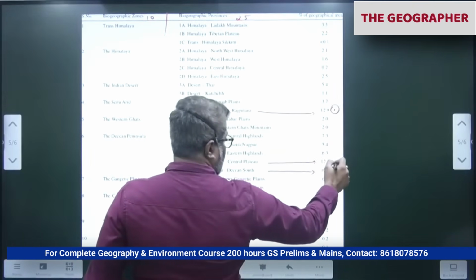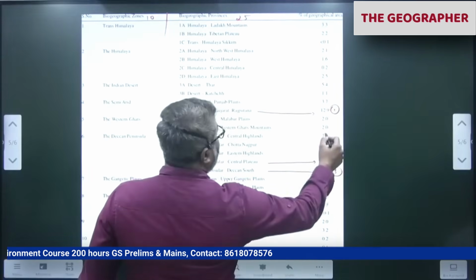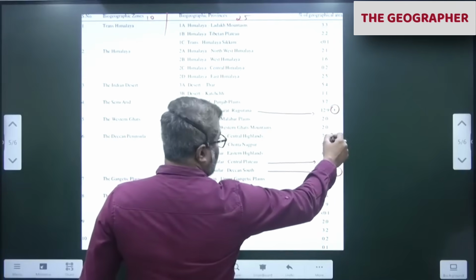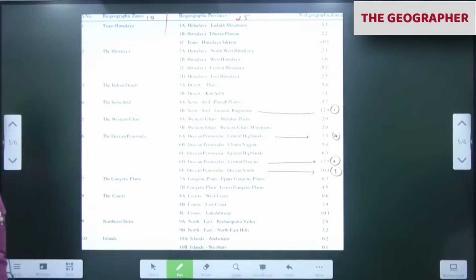This is 1, this is 2, this is 3. Fourth one, 7.3, correct? Yes, this is fourth, Central Highland. Among the biogeographic provinces also they can ask. UPSC is known to do this. They'll put you in a situation where you can't do anything there.